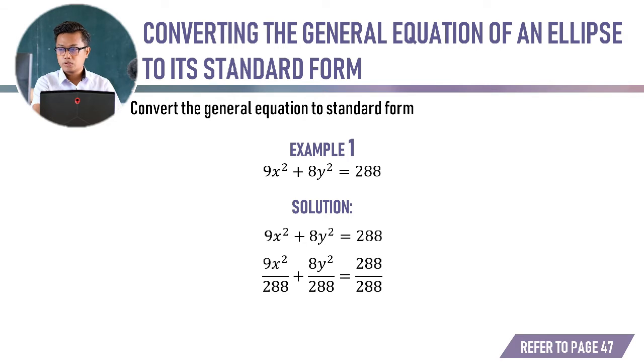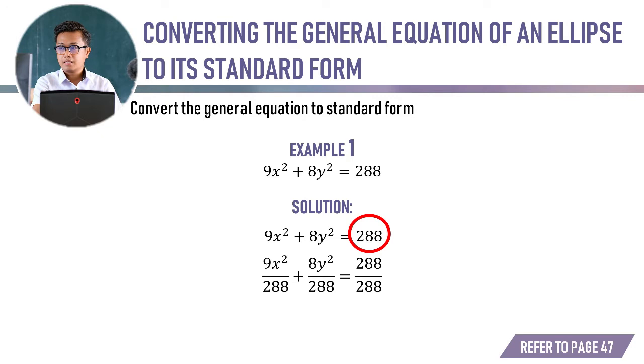Next, we should identify the number on the right side of the equation. In this case, 288. And then, with the number we identified, divide the whole equation, the left side and the right side, by that number so that your equation is equated to 1.